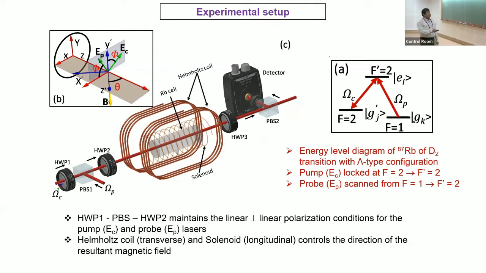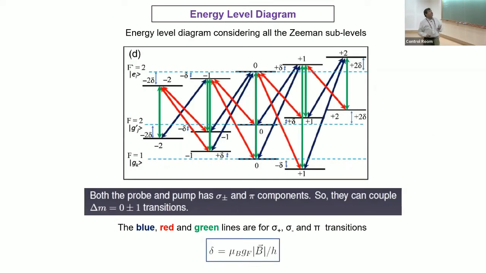Now, what happens when we do that? As I have told you, when we have such a complicated system where we have a quantization axis and the polarization axis at an arbitrary direction, the electric field has all the components of sigma and pi. So it forms really complicated Zeeman level splitting.